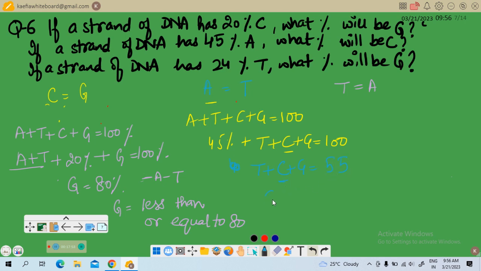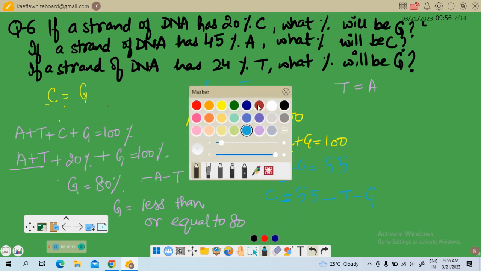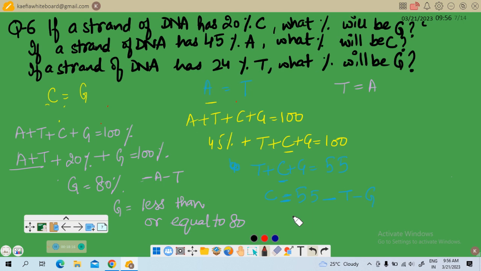Now C we need to find out, so C is equal to 55 minus T minus G. Since it's a minus sign, that means it will be somewhat less than 55. So C is less than or equal to 55%. Equal to, because till this we have equal sign, right? Minus sign denotes less.